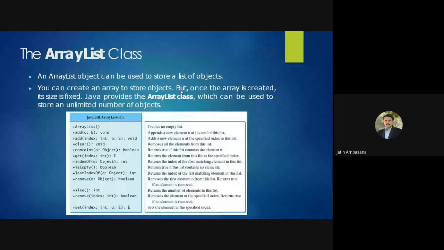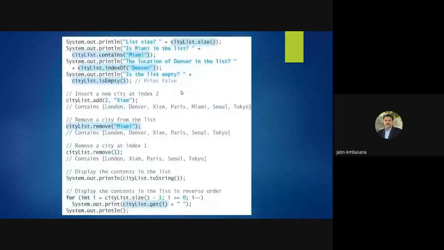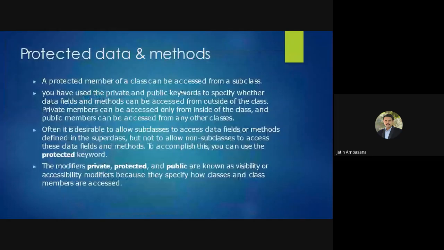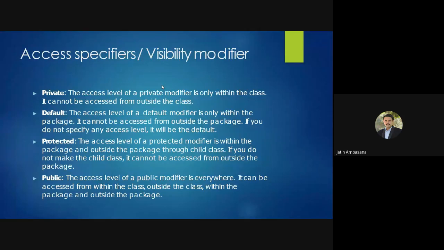We saw some of its methods like add, contains, indexOf, isEmpty, remove, get and size. And then we saw how to access data members and methods using various access specifiers or visibility modifiers: private, default, for which there is no keyword, then protected and public.